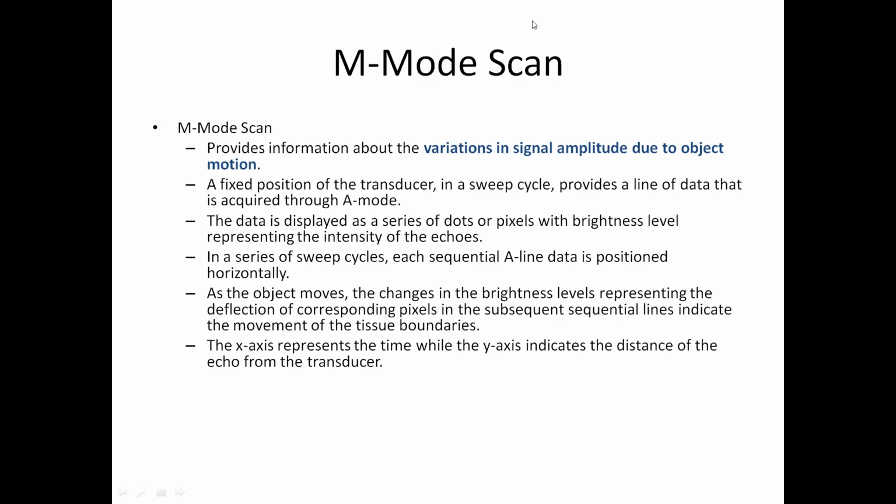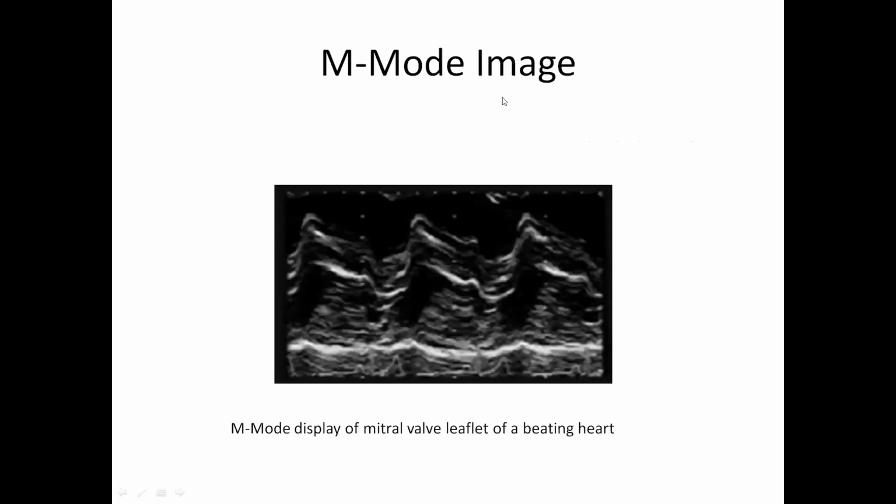Therefore, as the object moves, the brightness level changes. The representation of this information is possible by the tissue boundaries. This is a model M mode image, for example, of a heartbeat.